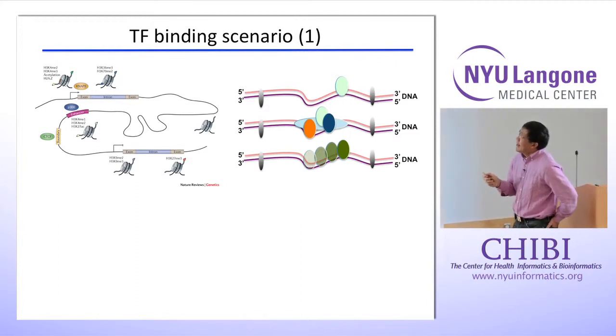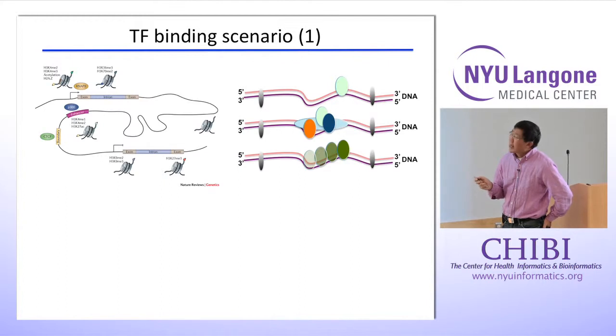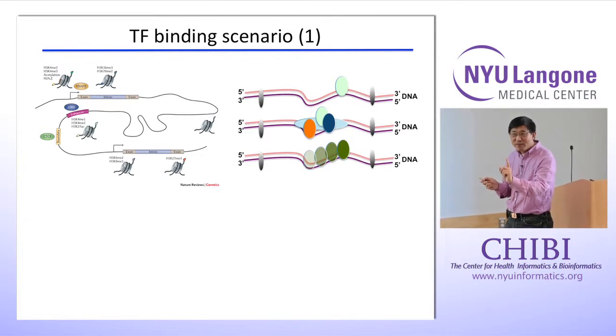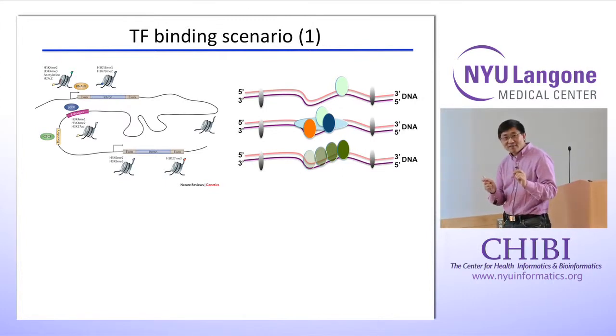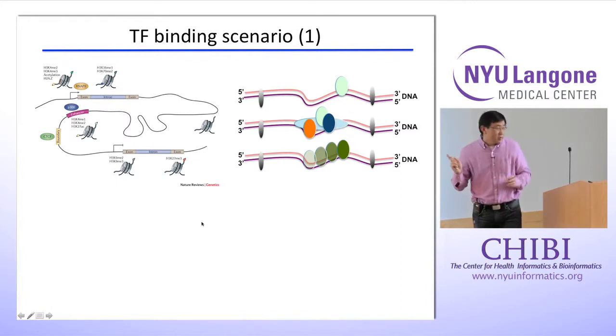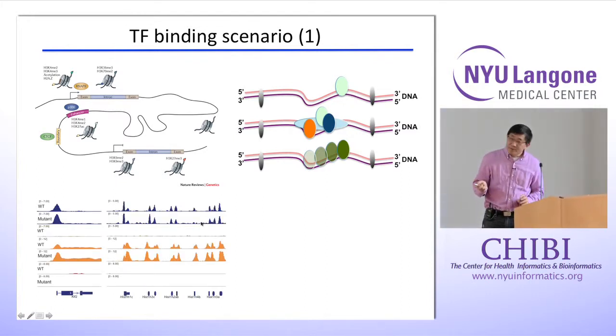We know the transcription factor has these types of scenarios. One is really narrow binding: just one transcription factor finds the DNA region and binds there. This is very narrow. It could also bind a widespread locus, and it could also have a dynamic switch. All this has been seen in the past.